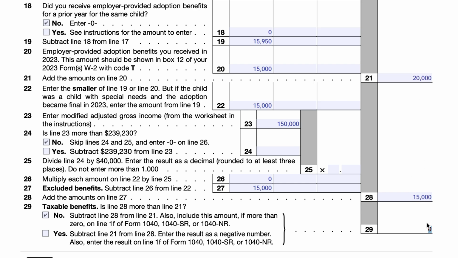We would get $5,000, right? So you enter the difference here and on line 1F of your Form 1040. And that can also be a negative amount. So, that would be negative income.